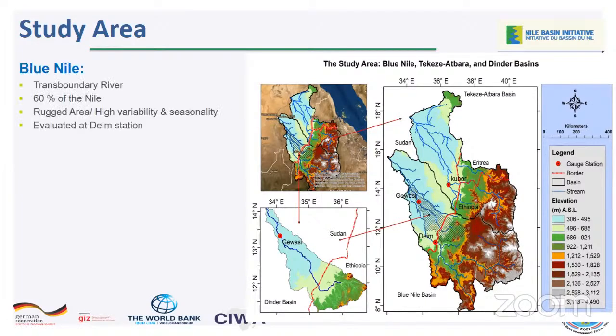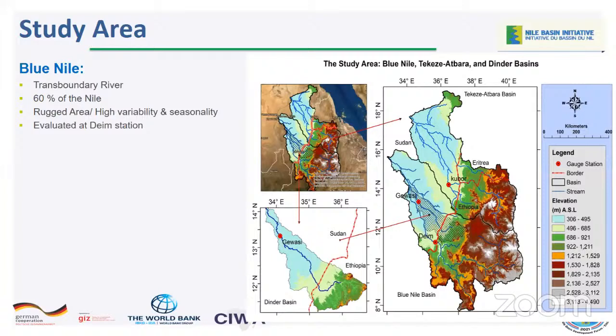The Blue Nile is one of the most important rivers for the River Nile because it contributes about 60% of the River Nile flow, and it is a transboundary river basin located in Sudan and Ethiopia, as shown in this figure. It has high variability and seasonality and complex topography.